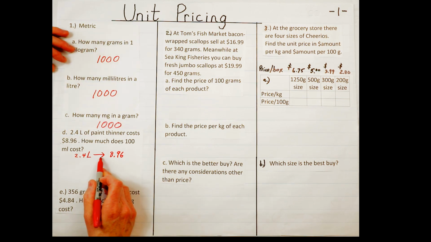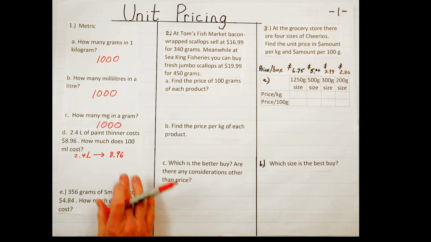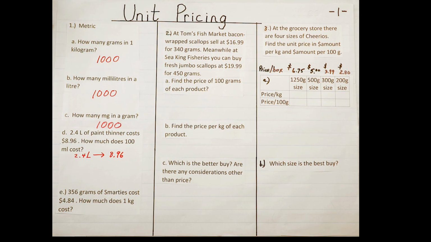Now I'm not using an equal sign here because technically this is not an equation, but we can divide both sides by the same number, and we get the same kind of result as if it were an equation, but technically it is not. So how much does 100 milliliters cost?